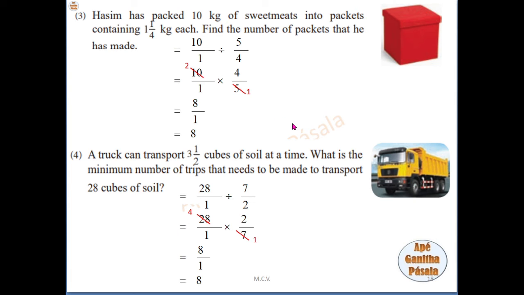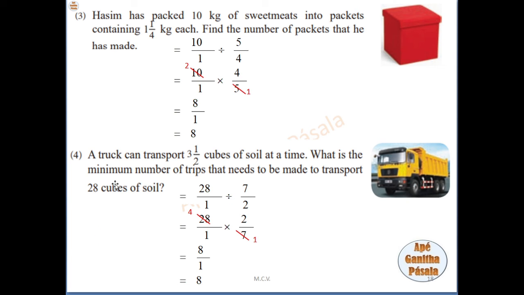After that step, check the common numbers which you can divide numerators and denominators. 10 divided by 5, 2. 5 divided by 5, 1. Now multiply. 2 into 4, 8. 1 into 1, 1. 8/1 means 8.